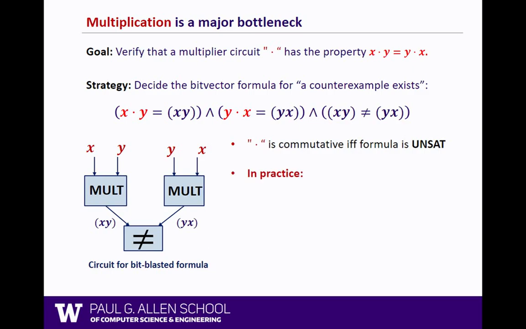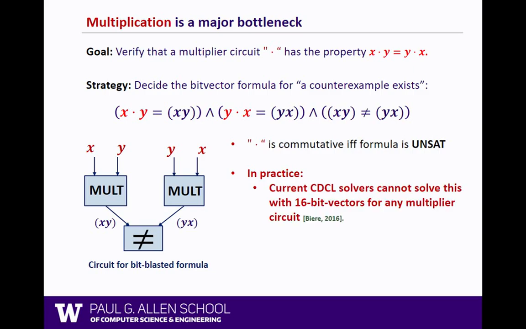Okay, so what happens in practice when we try to run a SAT solver on the resulting formula? Well, it turns out that our current solvers hit a roadblock for this problem at 16 bits. No matter what solver you try to use, no matter what multiplier implementation you try to use, they all hit a wall at around 16 bits.